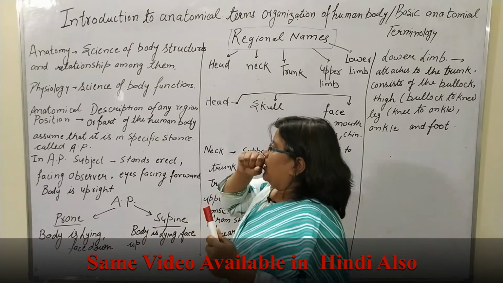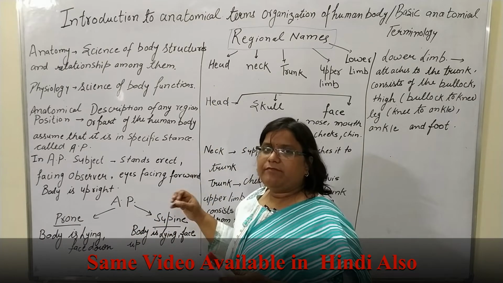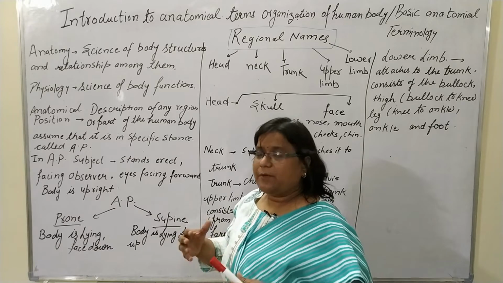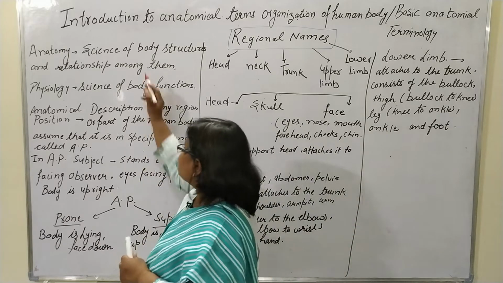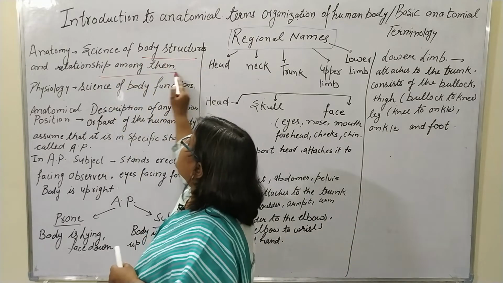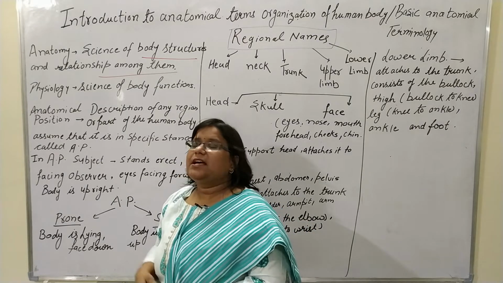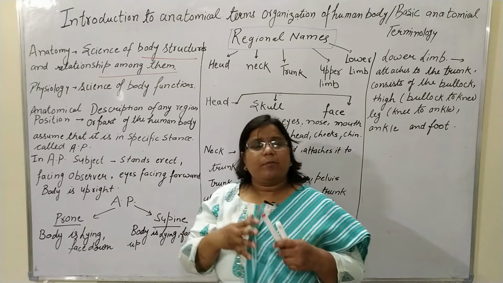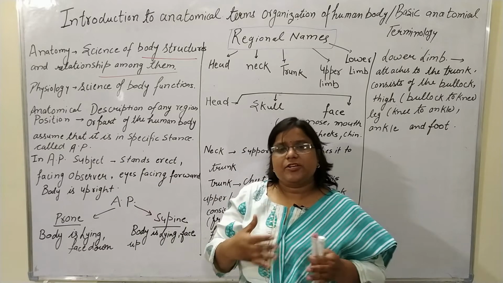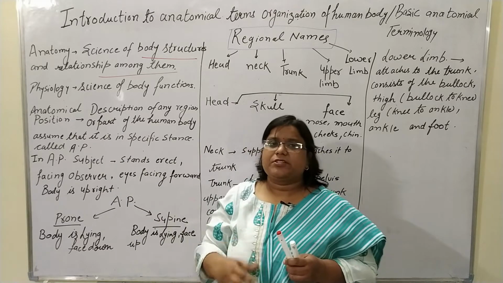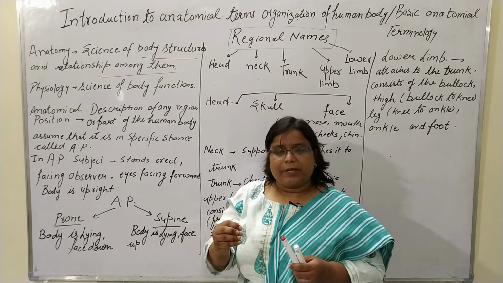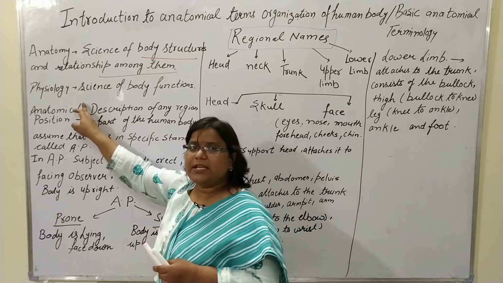Before starting the terminology, we want to know what anatomy is. Anatomy is the science of the body structure and the relationships among them. So anatomy is the structure of our body, and the relations between these body structures come under anatomy. Second is physiology.